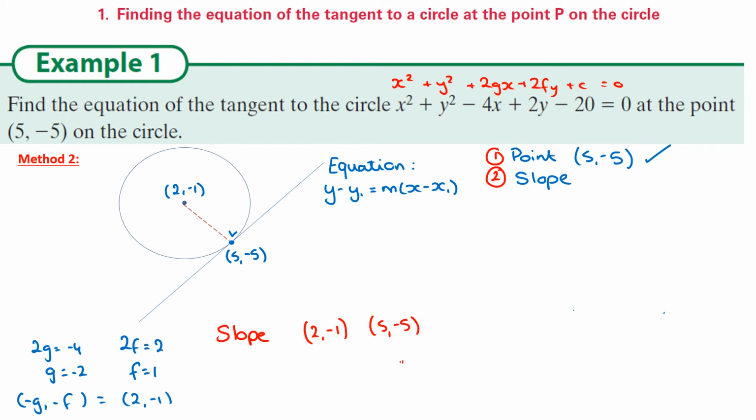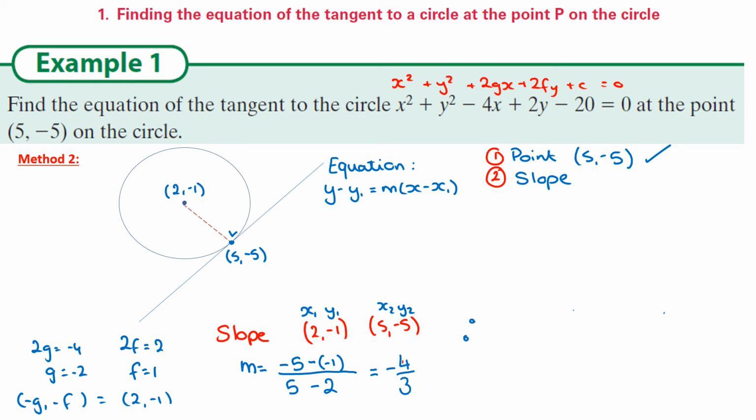It doesn't matter which order you put those in. If you want to have them swapped, it'll work out the same. So x1, y1, x2, y2, and the formula is y2, which is minus 5, minus y1, all over x2 minus x1. And this works out as minus 4 over 3.